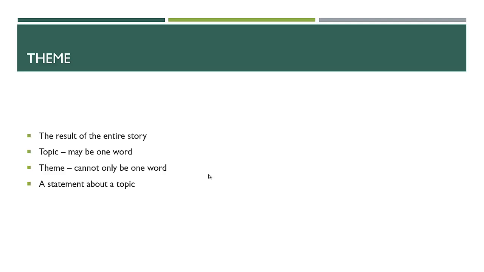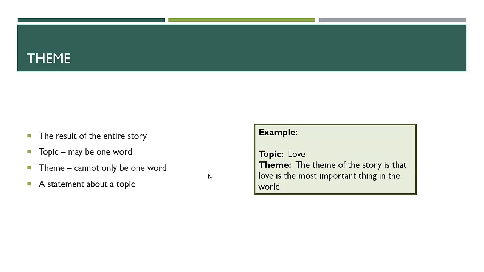So what do I mean by that difference? Well, you might say that the topic of a story is love, and you can do that. You can say it with only one word. But then the theme is a statement about that topic. So, very generic, very cliche, the theme of the story is that love is the most important thing in the world. Notice, theme is not just one word. Okay, it is a statement about that one word topic.